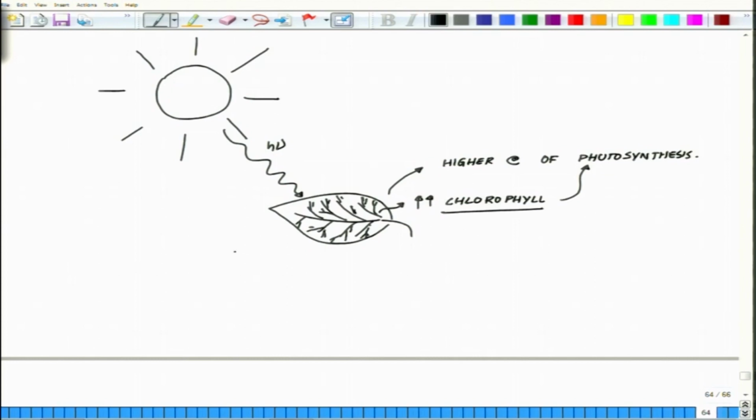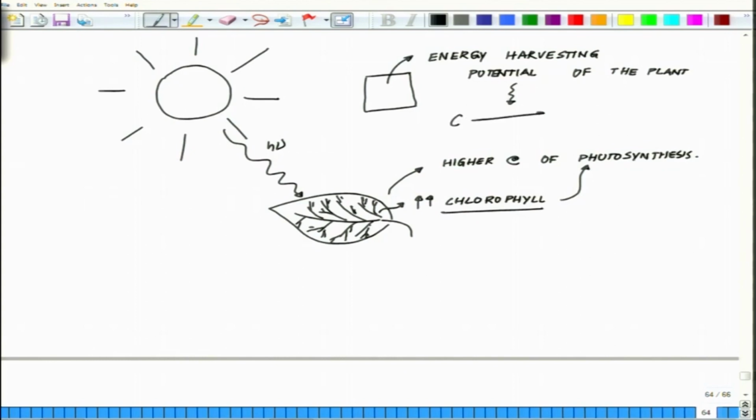So then, in a finite area of plant growth, you are increasing the energy harvesting potential of the plant, where you are essentially converting carbon into carbohydrate.